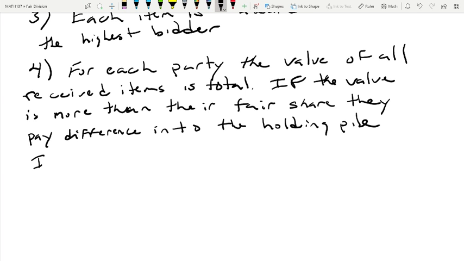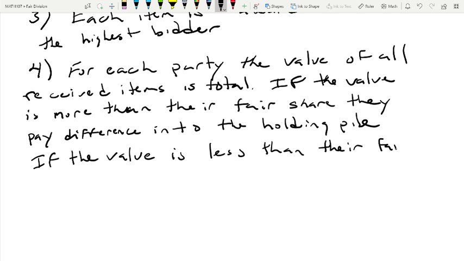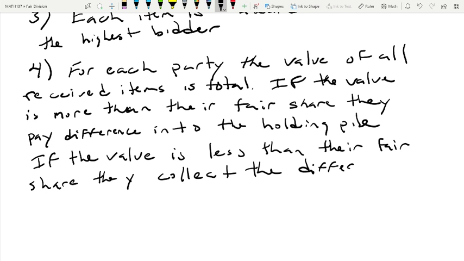If the value is less than their fair share, they collect the difference from the holding pile.